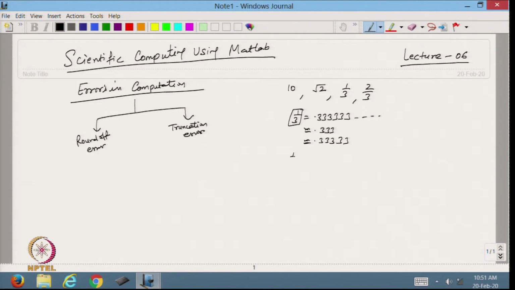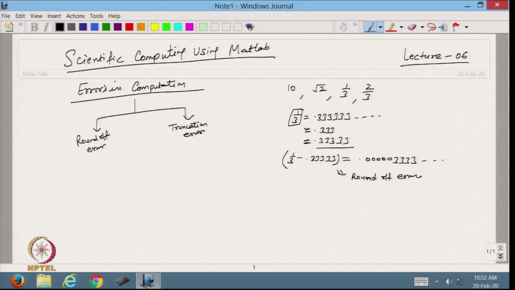That error will be 1 by 3 minus 0.33333, which I think will be 0.0000003333. This error we call the round off error, because we have rounded off the number, and the remaining part is called the error.